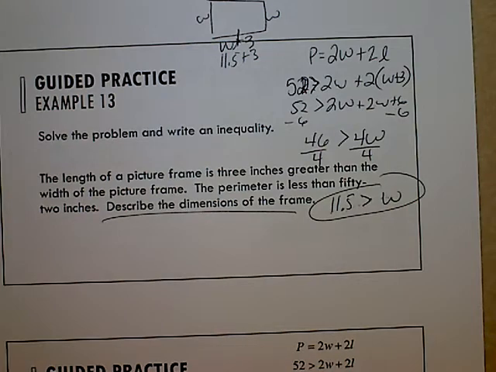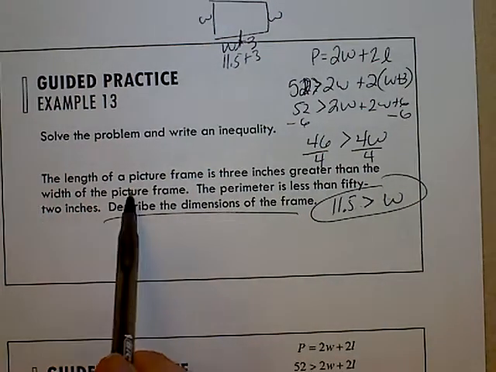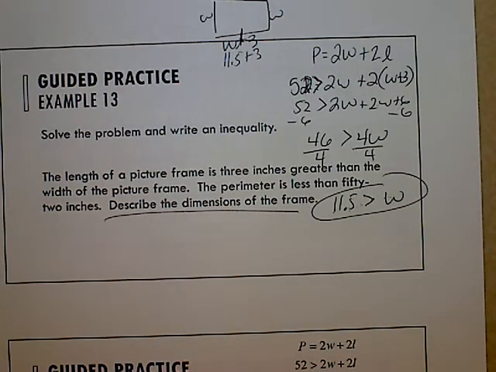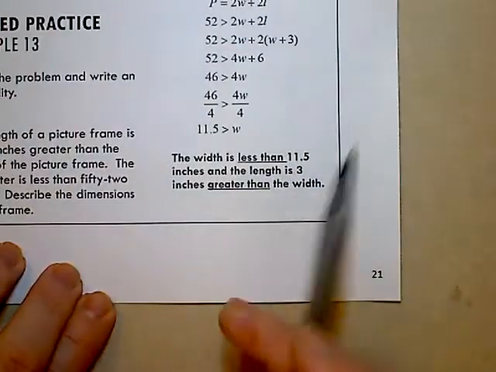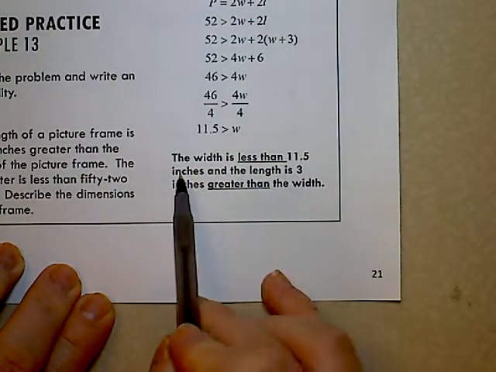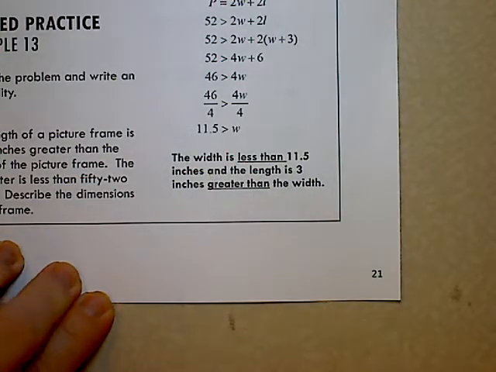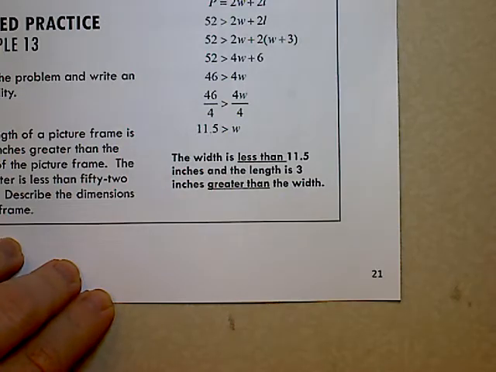The length is 3 inches greater than the width, stated already in the paragraph provided to us. We'd want to see that in words. We want to put that into words for a quiz or for a checkpoint quiz or for a test. The width is less than 11.5 inches and the length is 3 greater than the width. That's describing the dimensions of the frame, the length and the width.